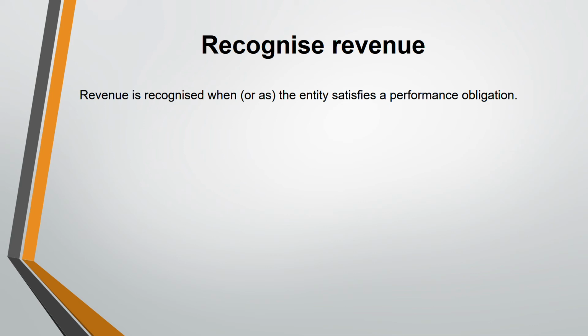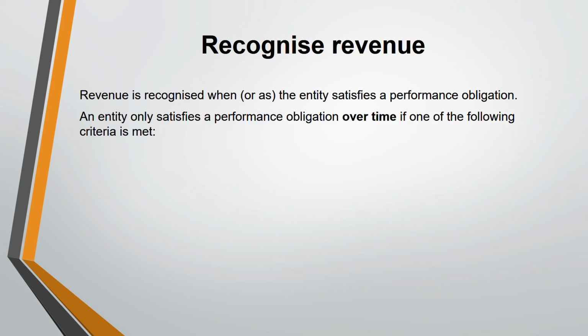That's it. Today he supplied the goods and services, today he will recognize revenue. If any one of these criteria is satisfied, revenue will be recognized over time. That means you have satisfied this performance obligation over time.